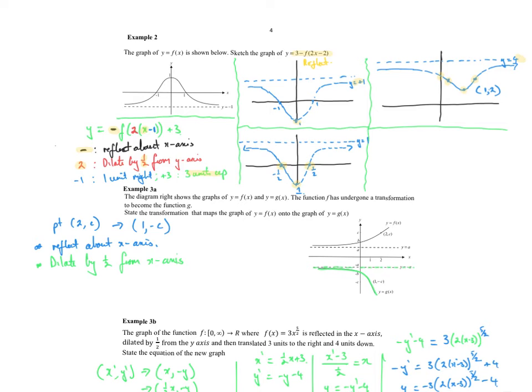Example 3a, what sort of transformations have taken place? Well, if we have a look at the graph here, we can see that clearly it's been reflected because my asymptote is underneath the x-axis now, the graph itself is underneath the x-axis now. So the y value is being multiplied by negative 1.